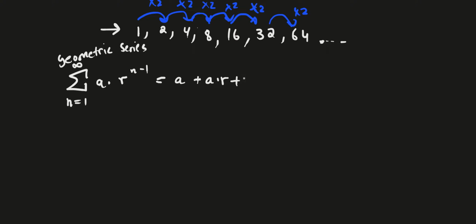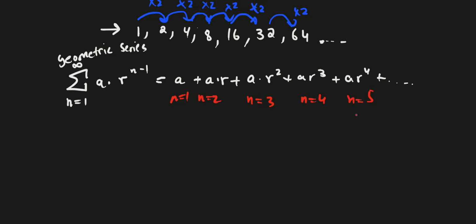And then n equals 3, you have a times r squared. And then when n equals 4, you have a times r cubed. It just keeps on going. It's a pattern: n equals 1, n equals 2, n equals 3, n equals 4, n equals 5, and so on. And it should make sense to you.